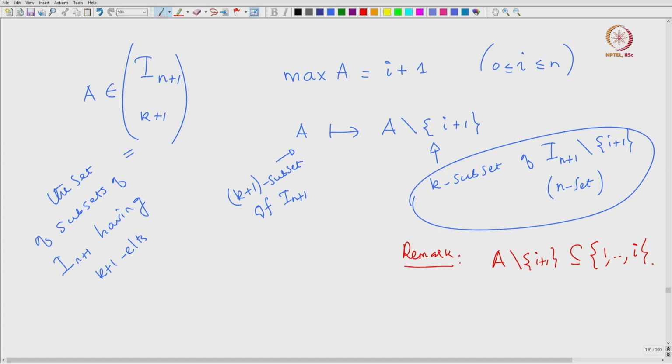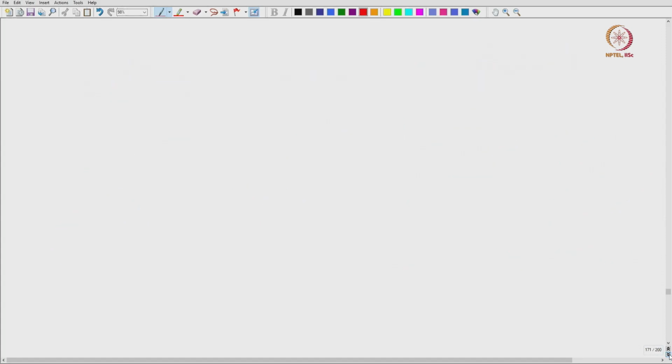So, let us make things explicit. We have taken the k plus 1 subsets of this I n plus 1.